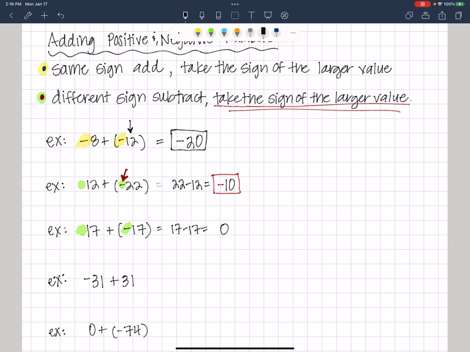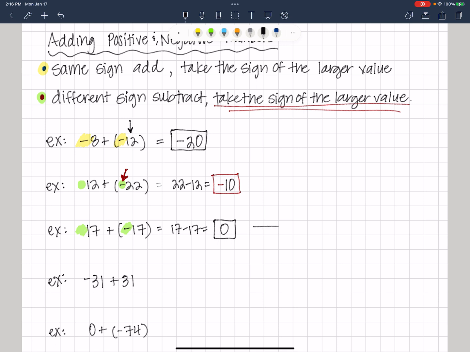And then taking the sign of the larger value, they're equal values. 17 and 17 are equal. So 0 isn't positive or negative, so taking the sign of the larger value wouldn't make any sense here. 17 plus -17 will equal 0.